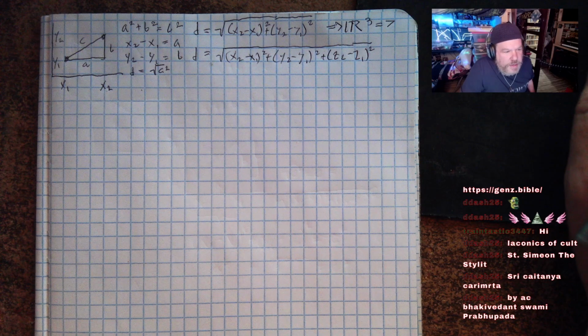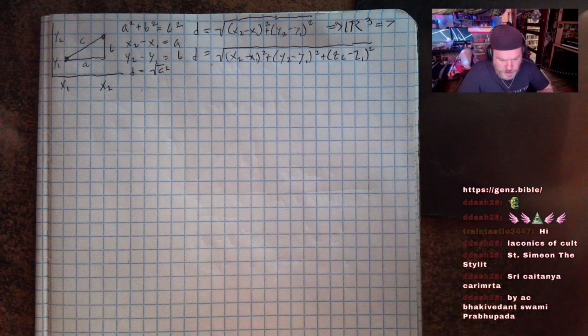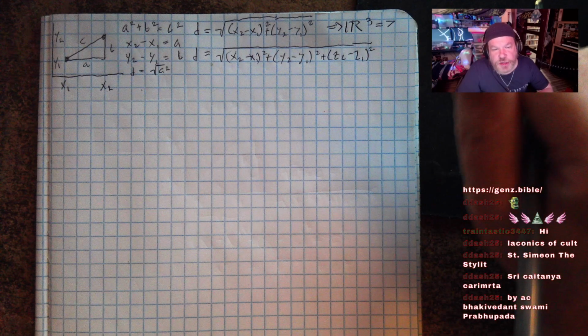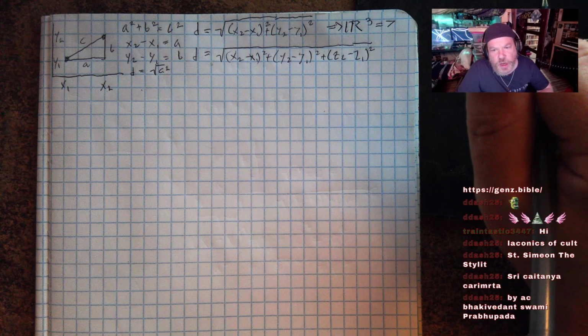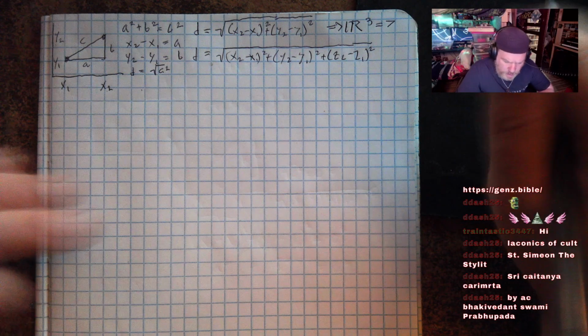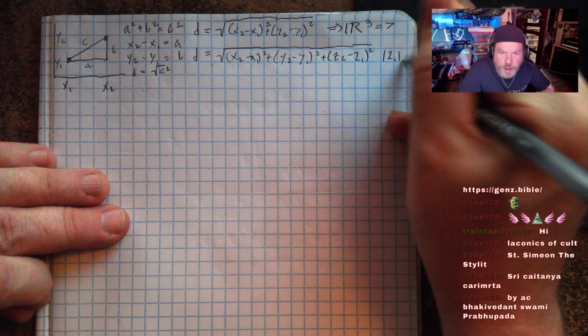After all that, it comes out, and this is what it is. We're picking up from there, and that distance formula we called 12.1.1.